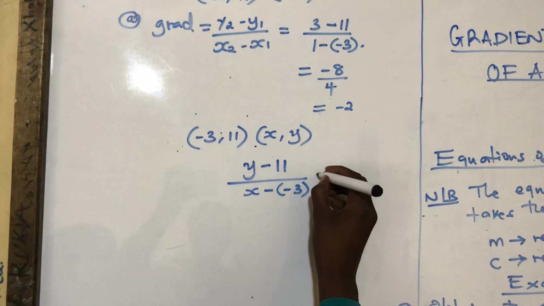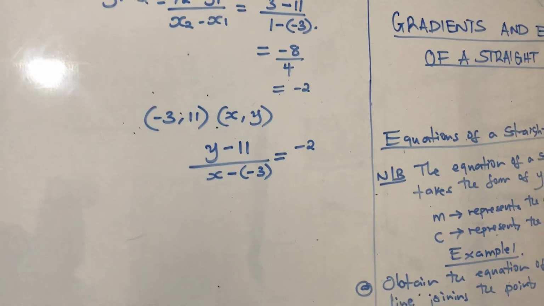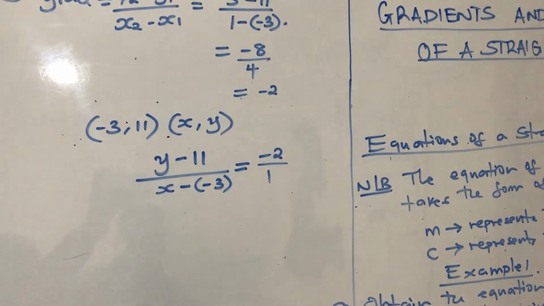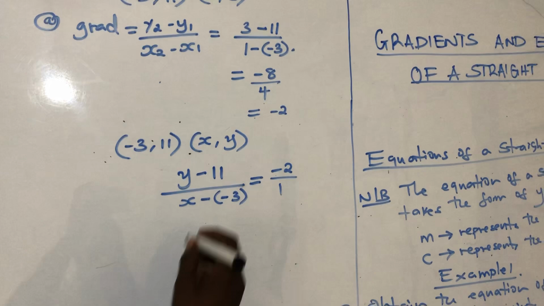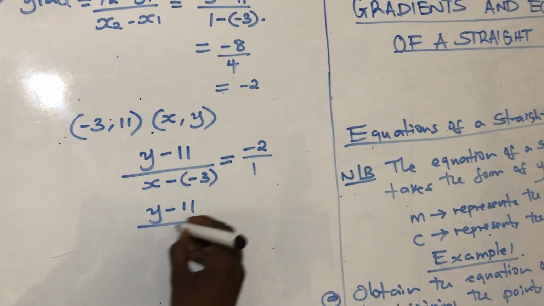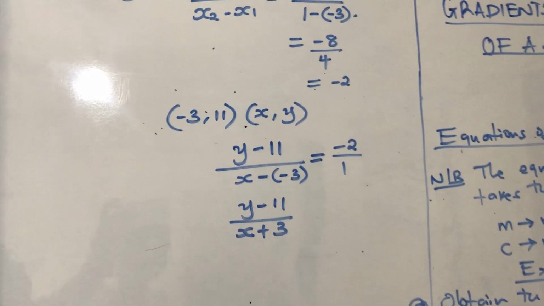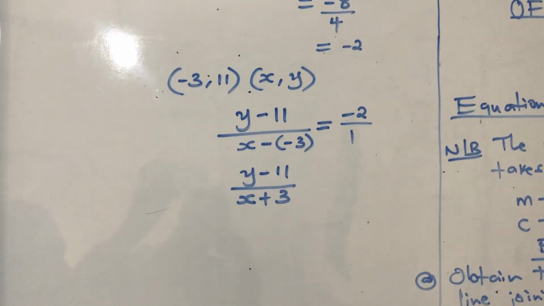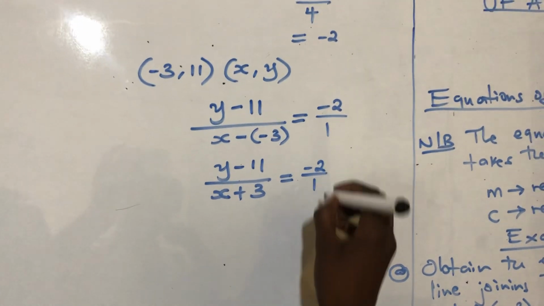So this should be equal to a gradient, which we already know is -2. We can put it over 1 for purposes of cross multiplication. So what do we have? This will then become y minus 11 all over x plus 3. Where is the positive coming from? Two negatives will always make up a positive. Should be equal to -2 all over 1.